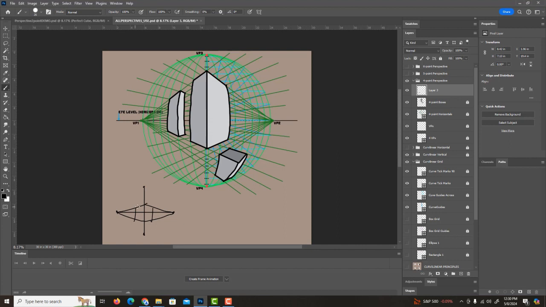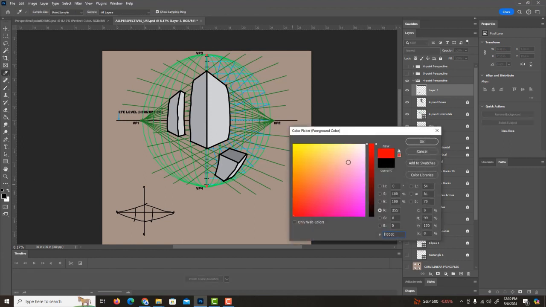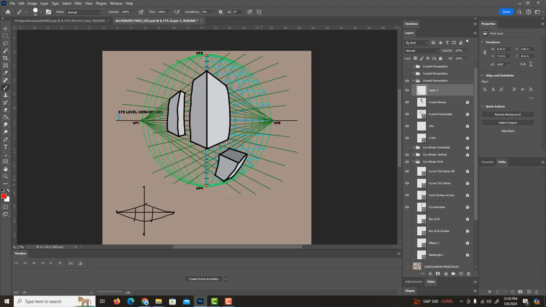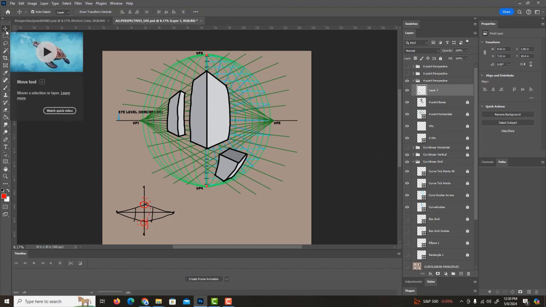So if this is a wall, it doesn't have a hard edge right in the center. So this space here and here doesn't work well or accurately in three-point perspective when you're trying to look at something from the distance where you can see top and bottom at the same time.